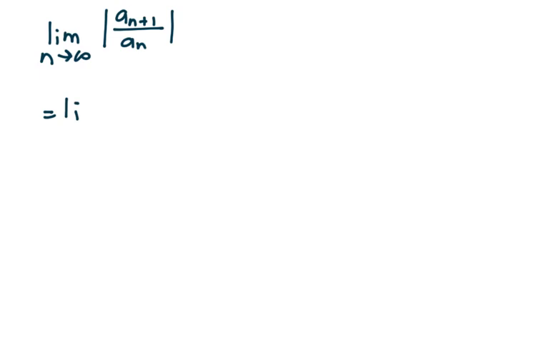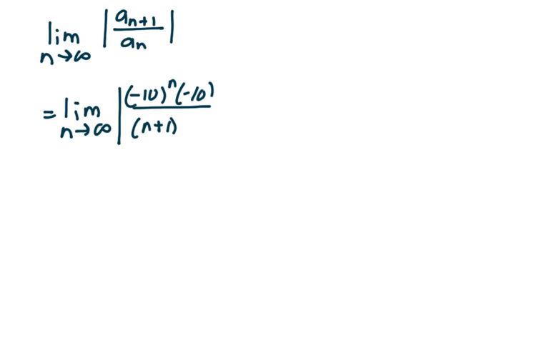And this is the limit as n goes to infinity of a sub n plus 1, which is negative 10 to the n times negative 10 divided by n plus 1 times n factorial. And then I'm going to multiply by the reciprocal of a sub n. The reciprocal of a sub n is n factorial over negative 10 to the n.